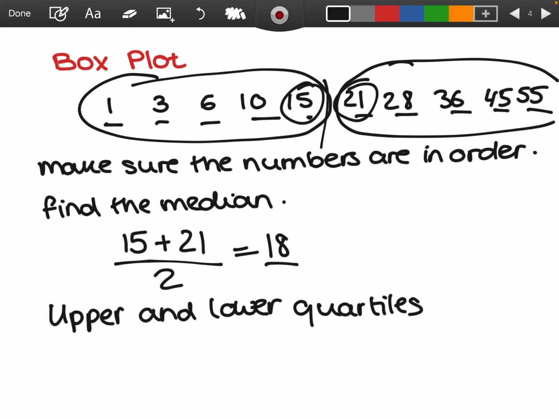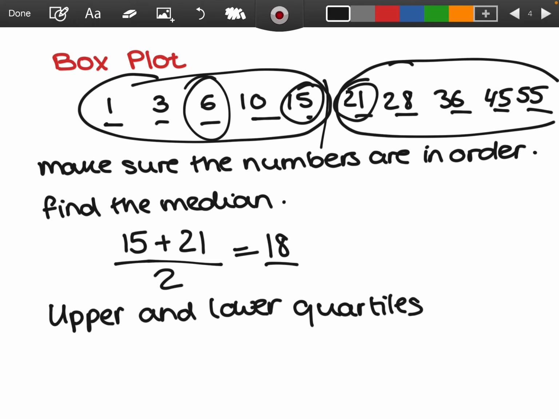Okay, so in this case, the lower quartile, the median of my lower 50% of data, I've got 5 data points in my lower set, which means that I can just pick out my middle value as the median of that lower 50% of data, which is 6.